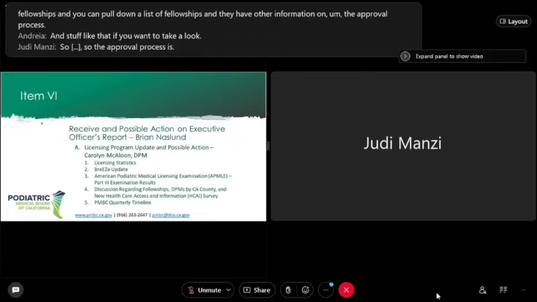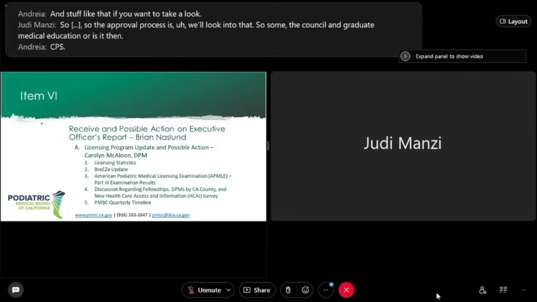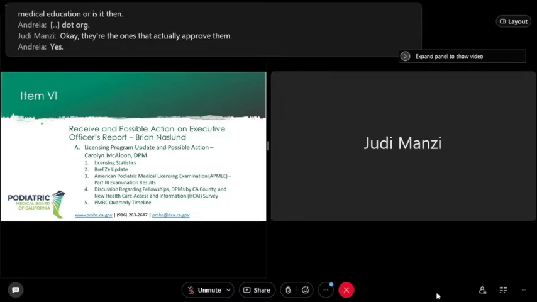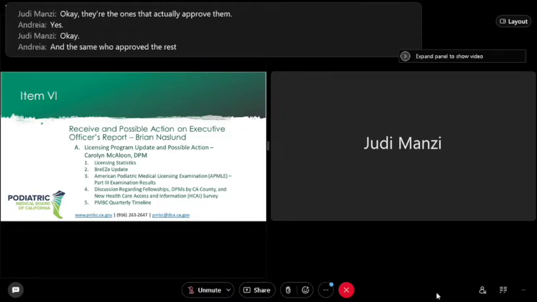So the approval is by the Council on Graduate Medical Education, or is it the CPME? Yes, cpme.org. They're the ones that actually approve them, and they're the same ones who approve the residencies. Okay, thank you.